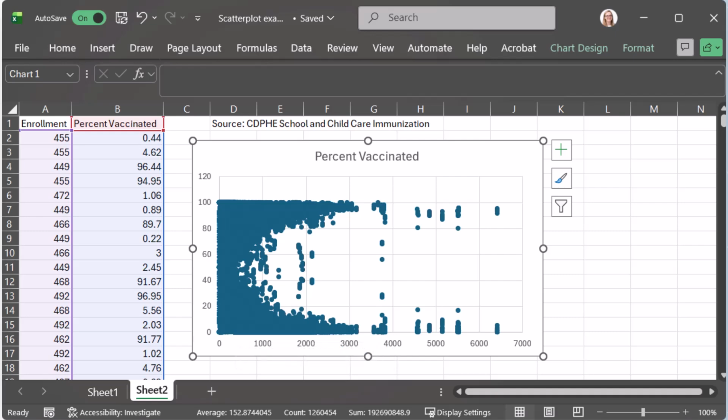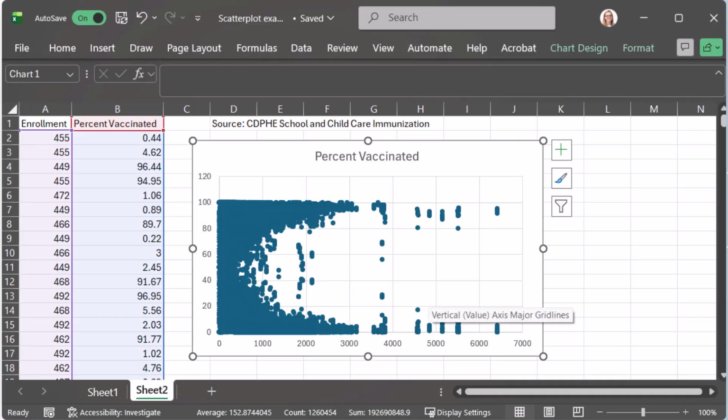But we do see an interesting pattern where the larger the school is, it actually seems to be more likely that the vaccination rate is either very high or very low. There's not a lot of middle vaccination rates when the schools get larger.